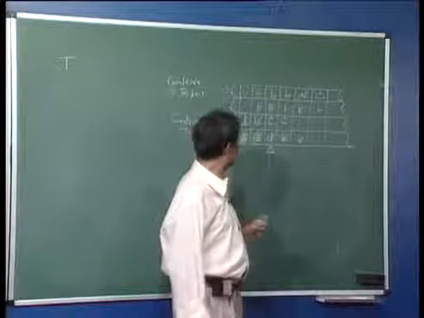So, now the state of T is going to be a composite object.